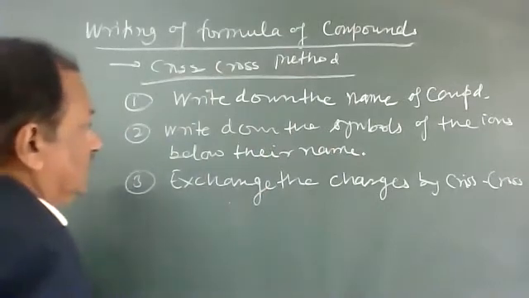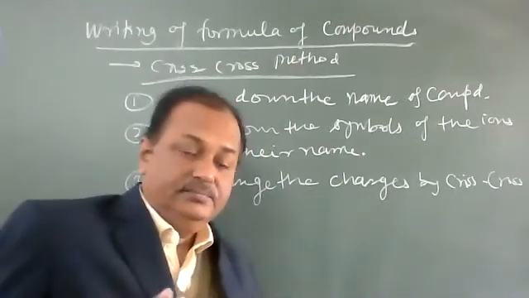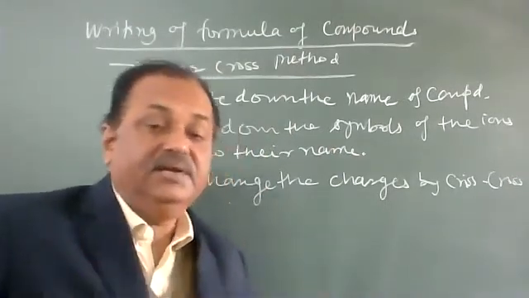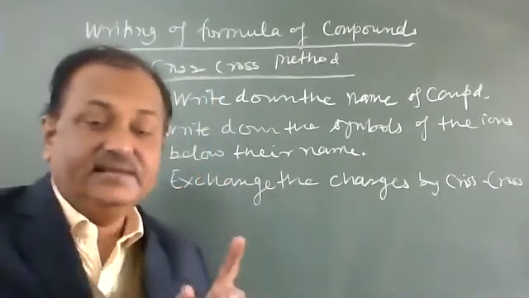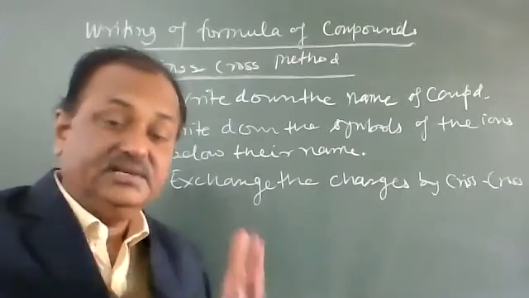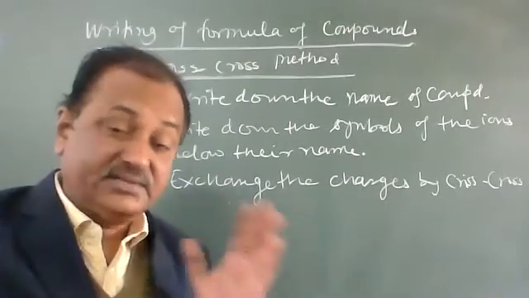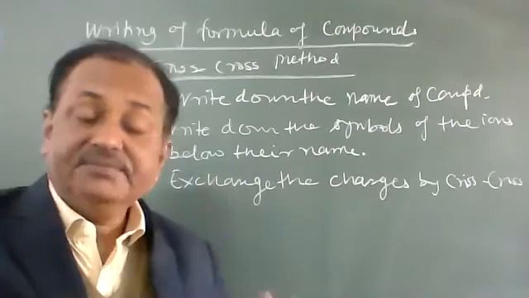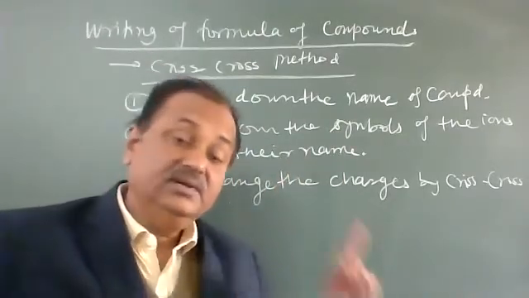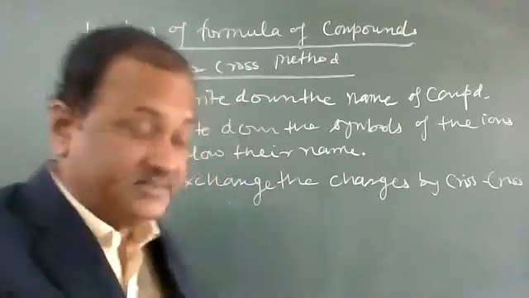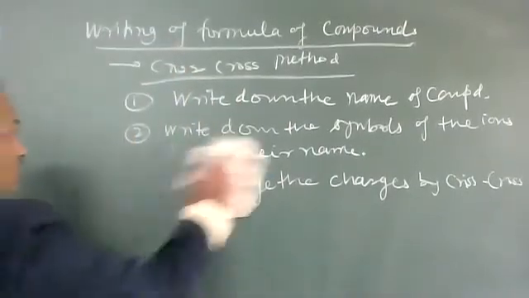Now, you all know that by default we write the cations on the left hand side. Cations are written on the left hand side. This is universally accepted. It is a convention. The name of cation has to be written on the left hand side, and the name of anion on the right hand side.